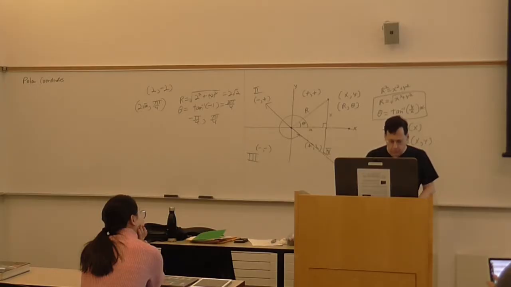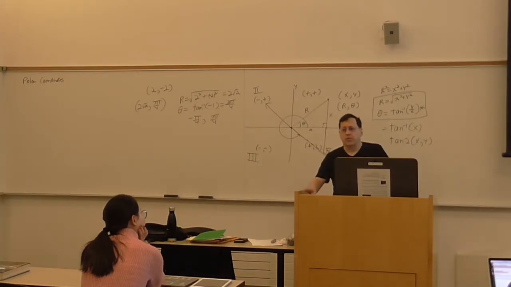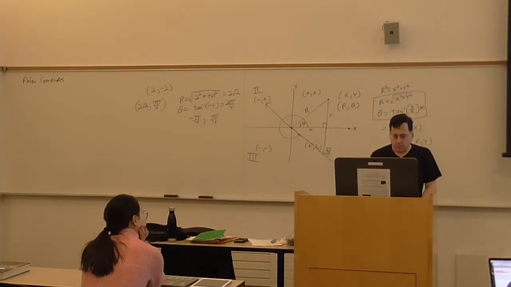Let's just take a simple equation. r equals 3. Okay, so this is a polar equation. If I just say the radius is 3, I get a circle. Okay, that's nothing real surprising there.